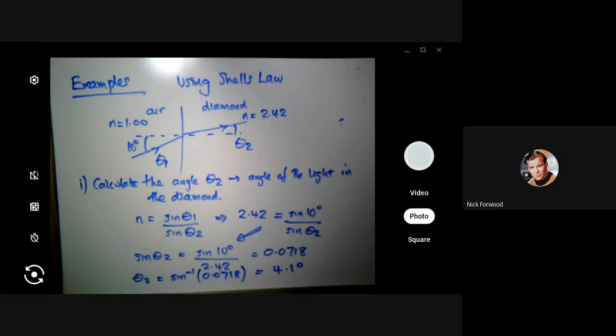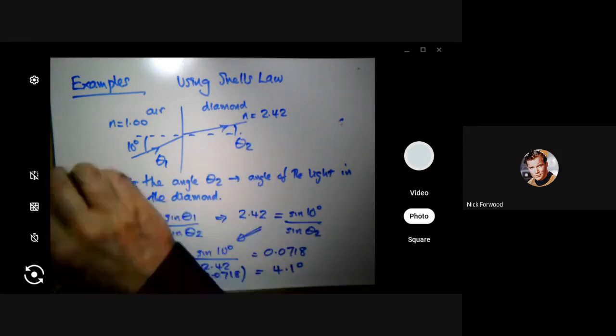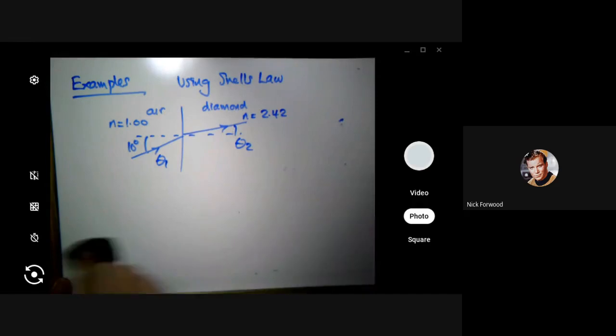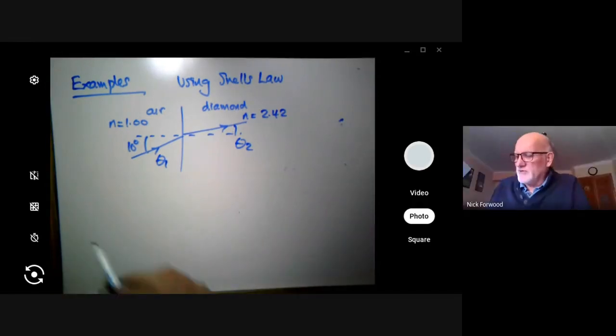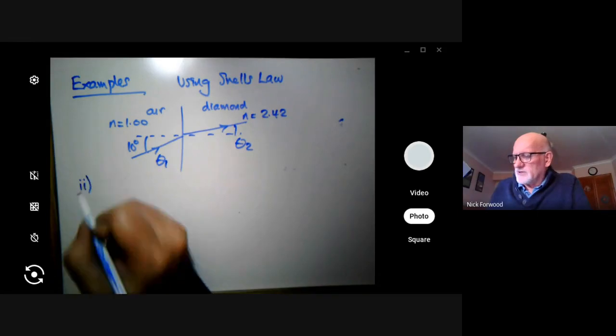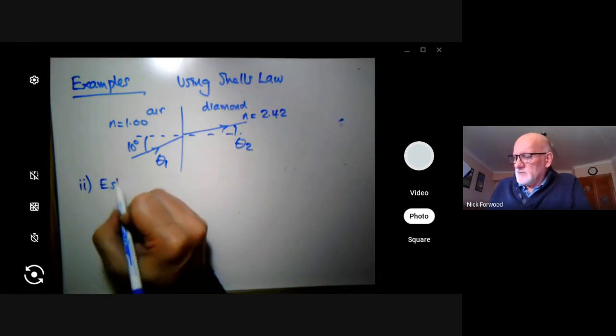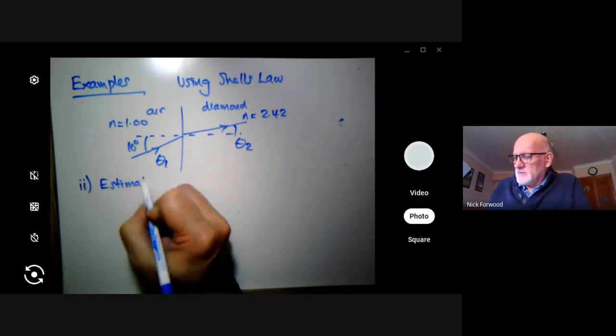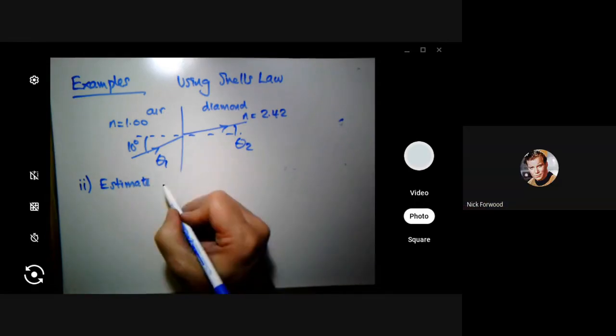Estimate means you don't actually have to do the calculation, but part 2 could be: estimate what would happen to that angle if you replace diamond with just plain glass. So this is part 2 of the question, and it's an estimate. There's no reason why you couldn't do a calculation to back this up, but what they're really looking for is for you to do some writing.